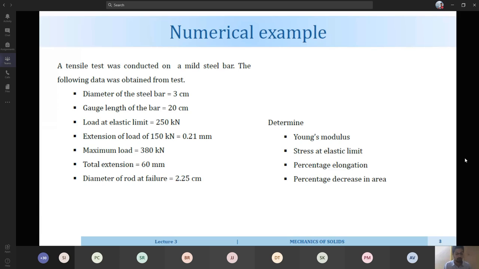This is based on the stress-strain curve which we studied in the last class. A tensile test was conducted on a mild steel bar. The following data was obtained from the test: diameter of the steel bar, the gauge length, etc. I want you to determine the Young's modulus, stress at elastic limit, percentage elongation, and percentage decrease in area.